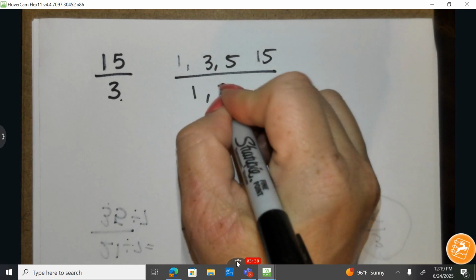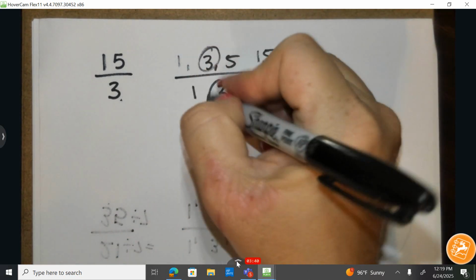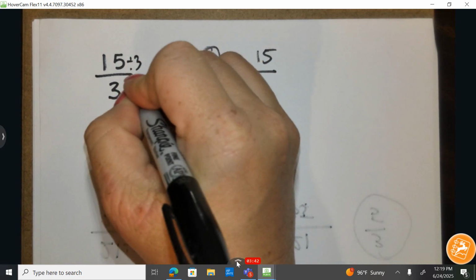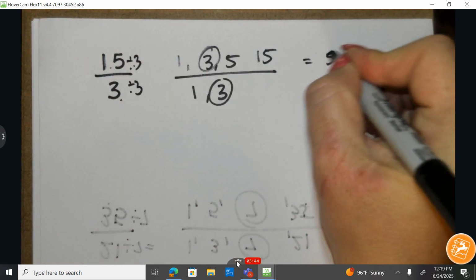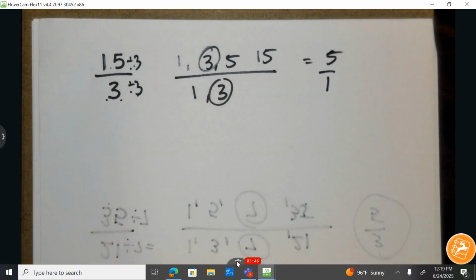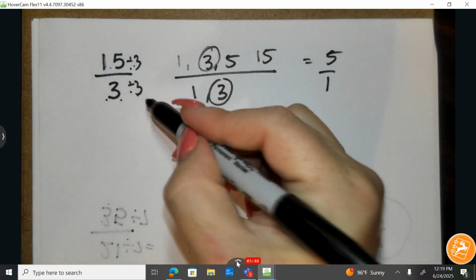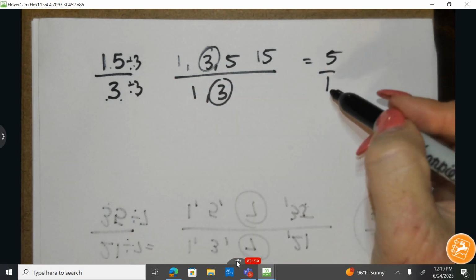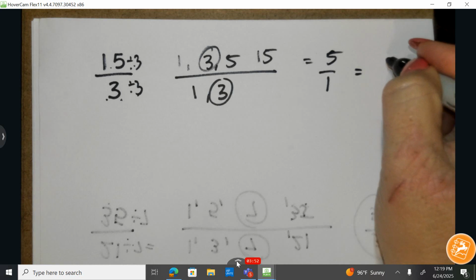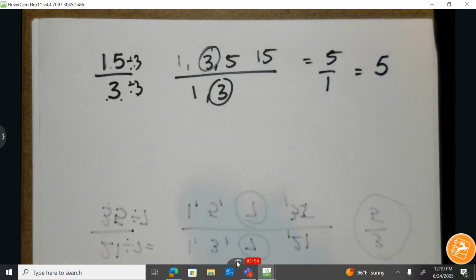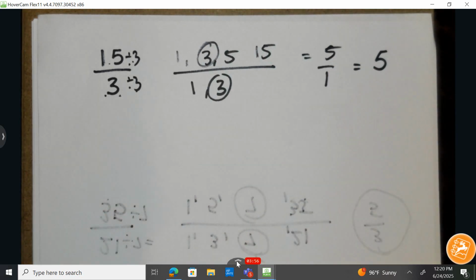Factors of 3, 1 times 3. I'm going to divide by 3, divided by 3. 15 divided by 3 is 5. 3 divided by 3 is 1. Now you can write this reduced fraction as 5/1, or you may recognize that 5 divided by 1 is simply 5. Both of these would constitute correct answers.